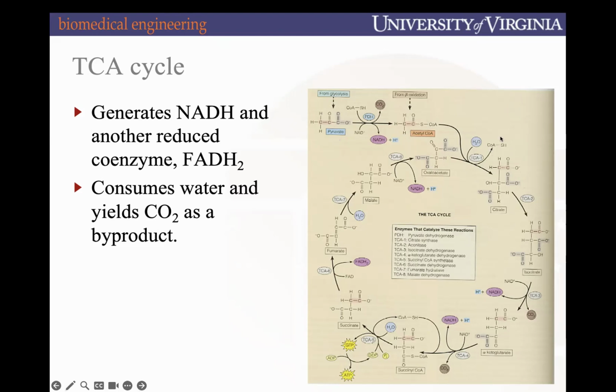CoA is released with this thiol group, and citrate is metabolized into isocitrate. At this next step, we have our next oxidation step where we generate another NADH reducing equivalent and our second carbon dioxide, which produces alpha-ketoglutarate.